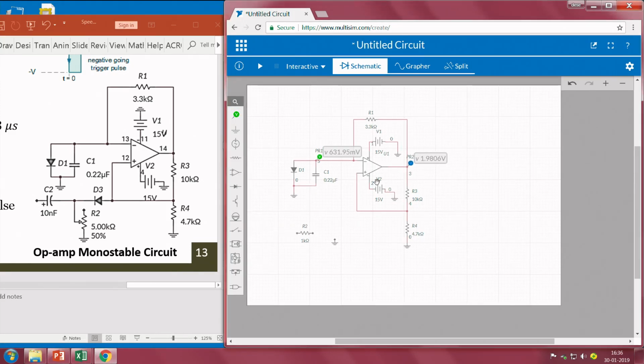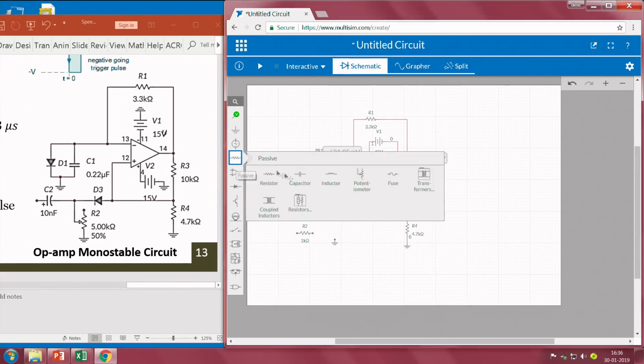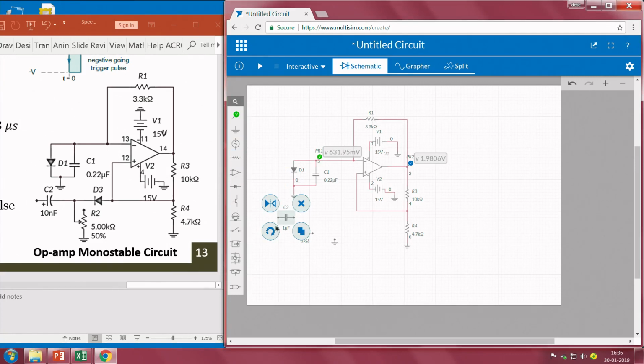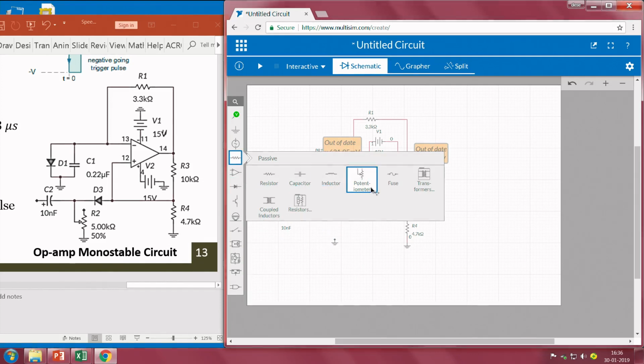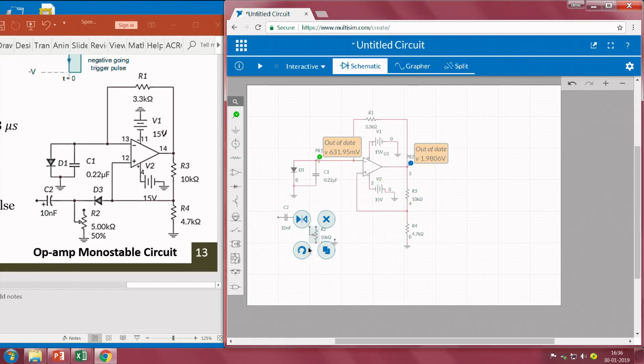Let me design the triggering part too. So, I will take a capacitor which is of 10 nanofarad, then I go with a pot rather than this. I will take a potentiometer and connect it from here to here, and I also need a diode.